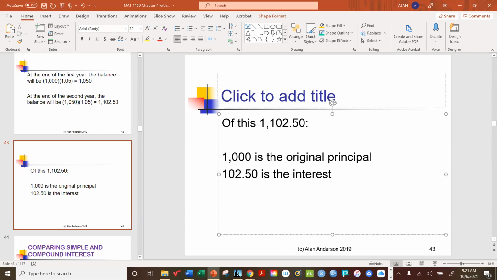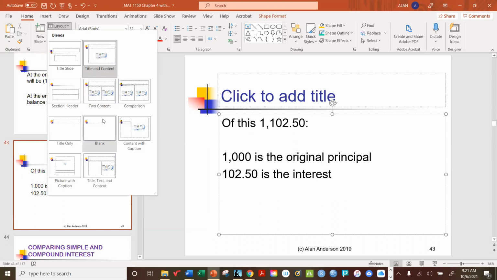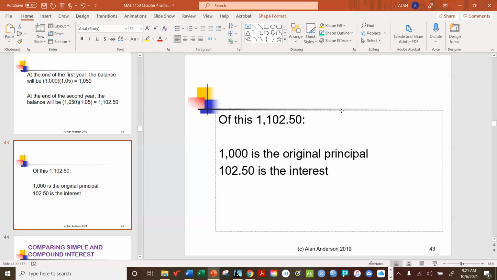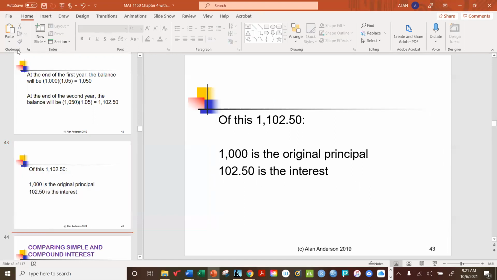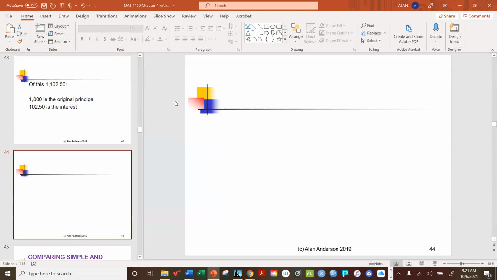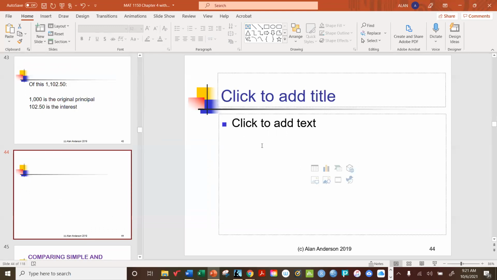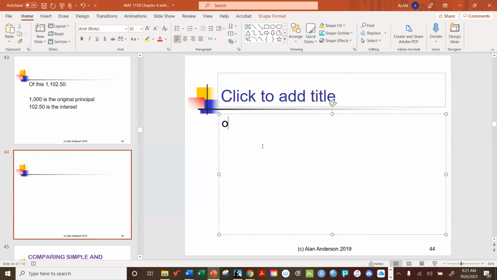Okay, now you might say, what's so interesting about that? Well, let's take a look at the interest now. Now, of the 102.50, 100 is the simple interest.